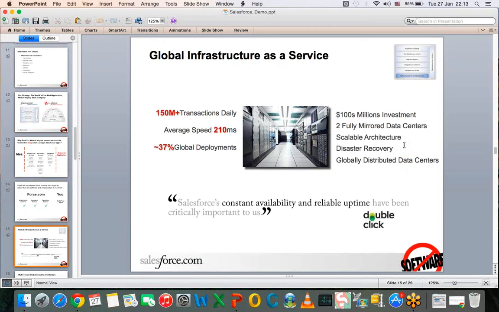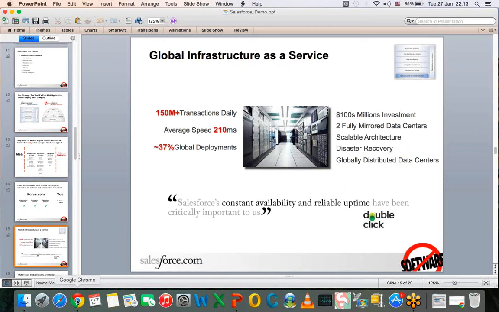Here is an example. What they're trying to tell is, as I said, global infrastructure as a service: how many transactions, in this data center, how many million transactions are happening and what is the average speed of each transaction. This is not updated, basically.